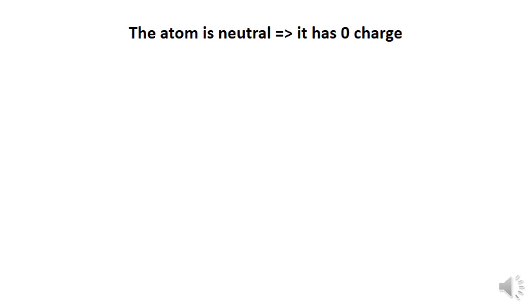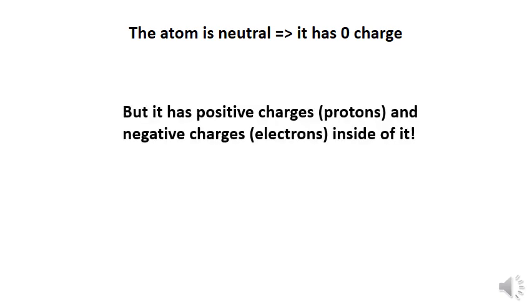Okay, so we already said that the atom is neutral, right? Which means that it has 0 charge. But we also said that it contains positive charges from the protons and negative charges of the electrons. How is it possible to keep the atom neutral if it has positive and negative inside of it?